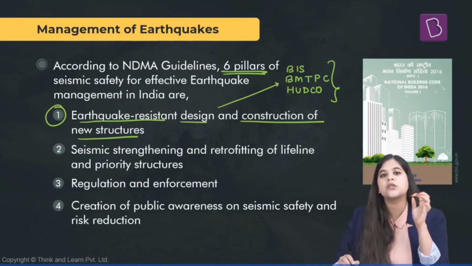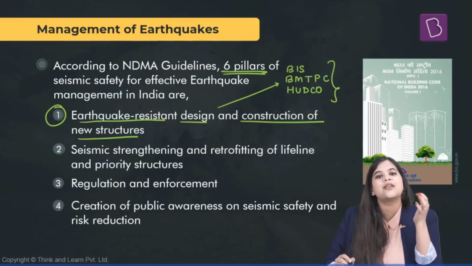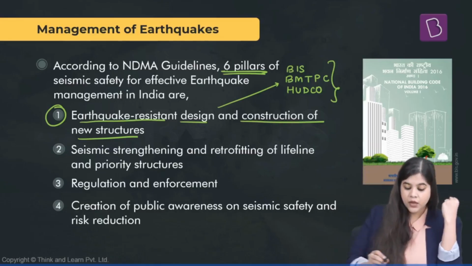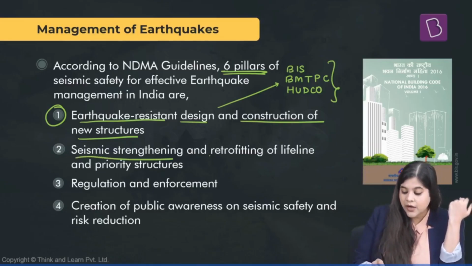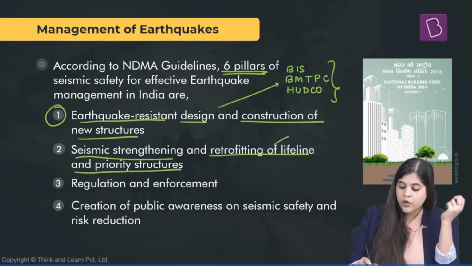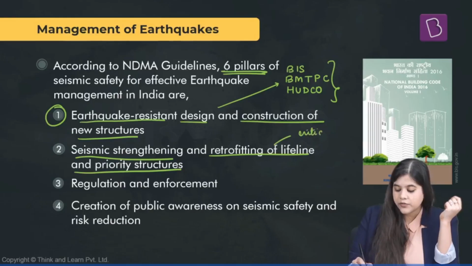So they have given certain standards which the buildings need to follow in case they are being constructed in an earthquake risk zone. The seismic strengthening and retrofitting of lifeline and priority structures, what we call critical infrastructure.